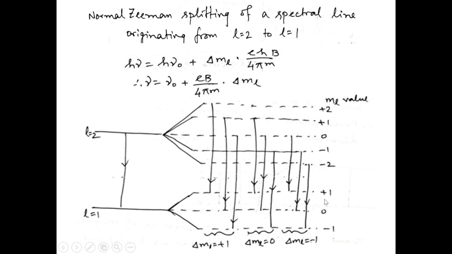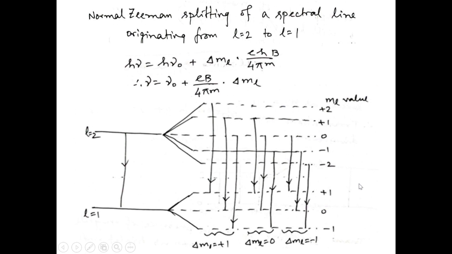So just consider the change where this transition occurs. Under the 3 conditions where delta ml is plus 1, the 3 conditions where delta ml is 0, and the 3 conditions where delta ml is minus 1, we get this transition diagram. But remember, the number of lines originating is not 9 lines.